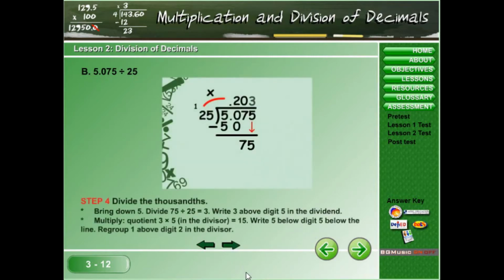Step 4. Divide the thousands. Bring down 5. Divide 75 divided by 25 equals 3. Write 3 above digit 5 in the dividend. Multiply. Quotient 3 times 5 in the divisor equals 15. Write 5 below digit 5 below the line. Regroup 1 above digit 2 in the divisor.